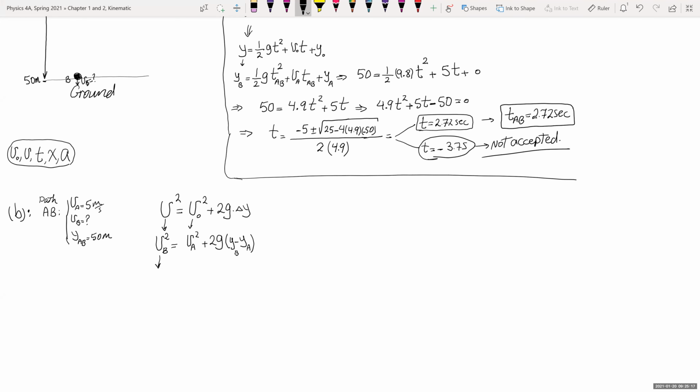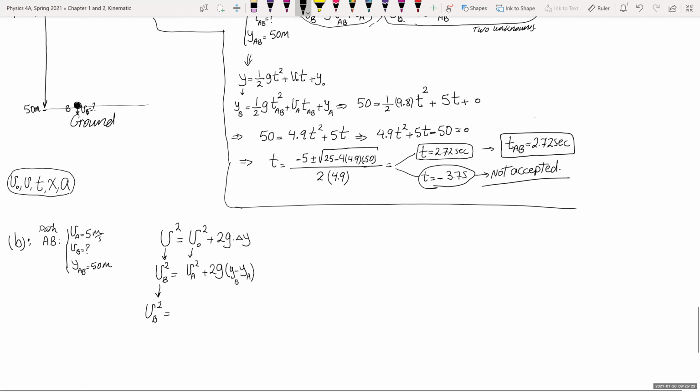So VB is unknown. VA is given, it's 5. g is 9.8, correct? YB, the final height, is 50, and YA is 0.